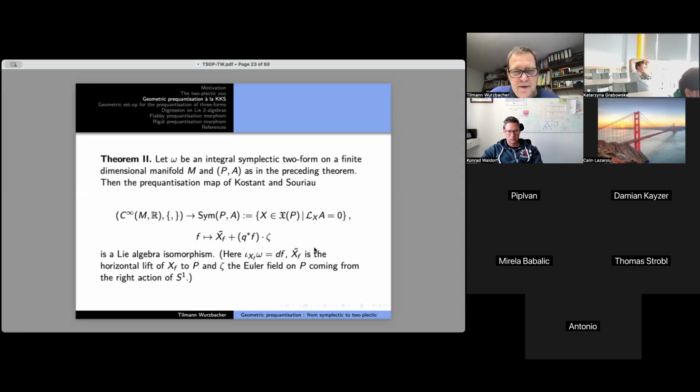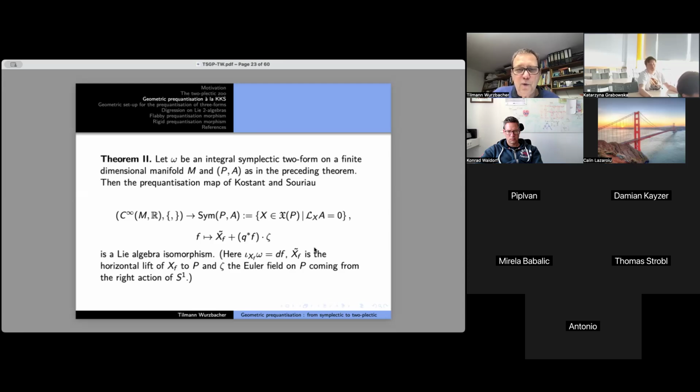And you add a certain rotation. Zeta is simply the Euler field or the rotation field. This is the right action of S1. And you decorate this Euler field by a velocity factor, which is just the pullback of this function. So this means on each fiber of P, you fix the angular velocity, because q star of F on a fiber is constant.